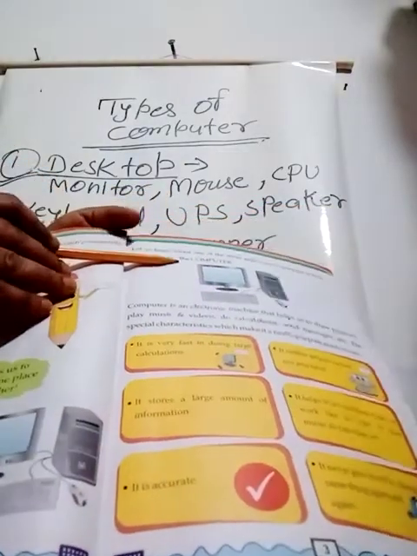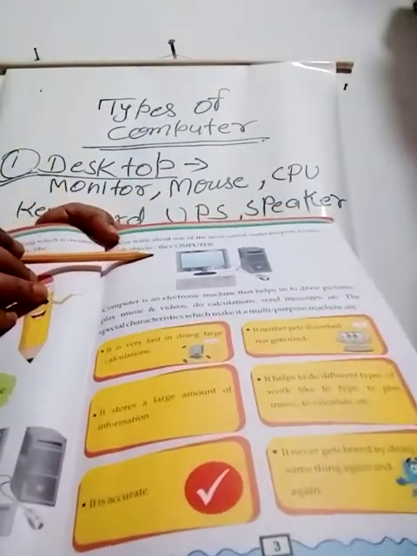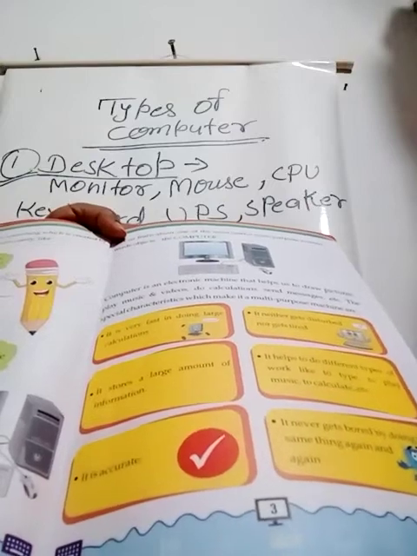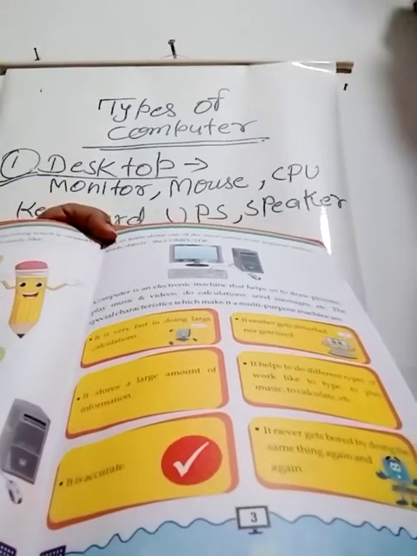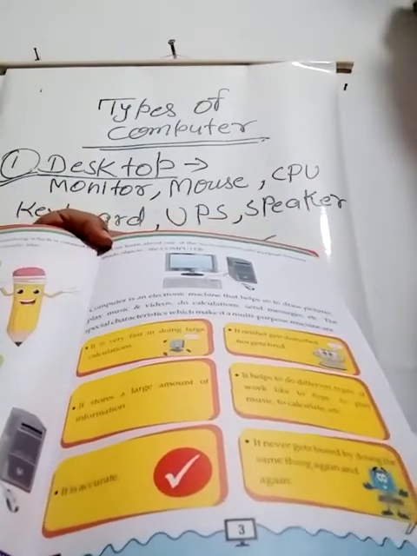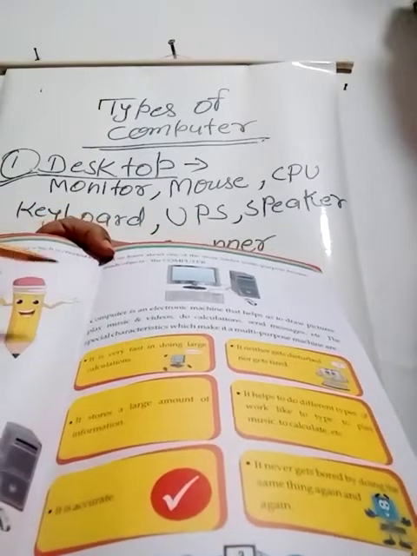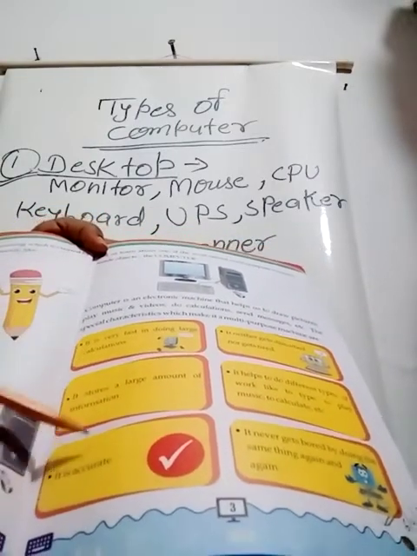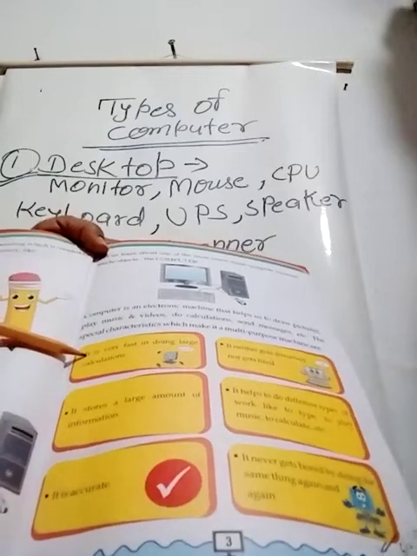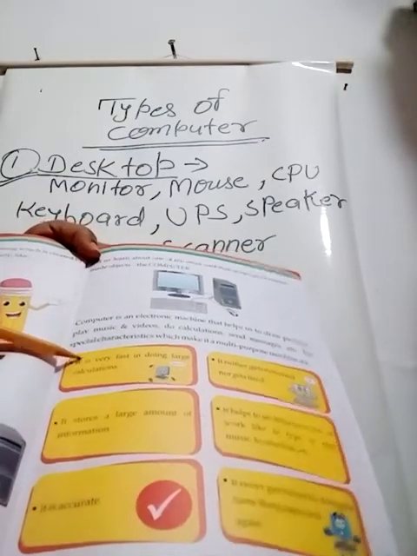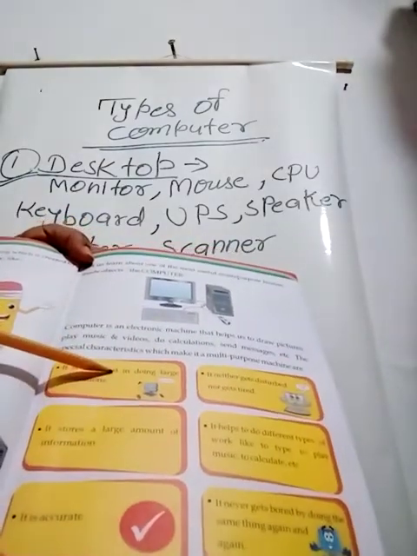Then in the next topic we have learned about the important things, or essence, the different necessities or the different works of the computer. One by one I am going to explain it. Computer is very fast in doing large calculations. We can do the calculation with the help of the computer.